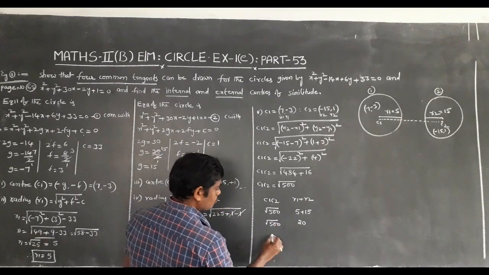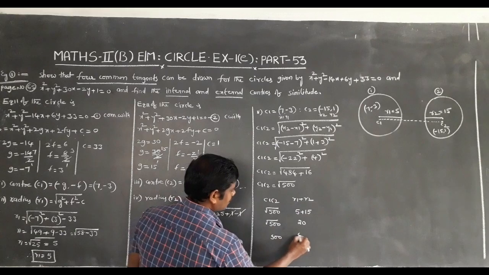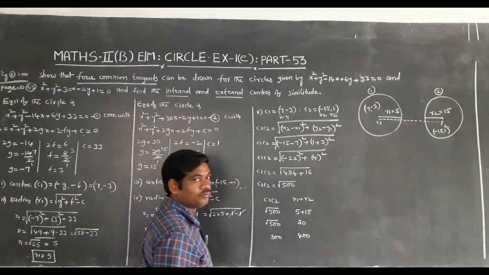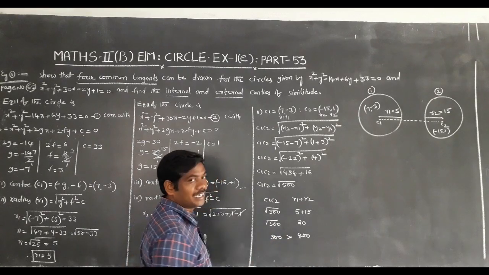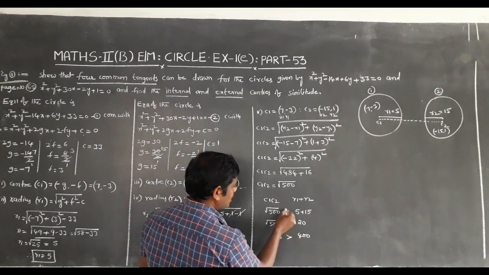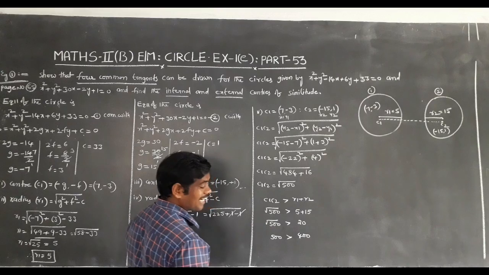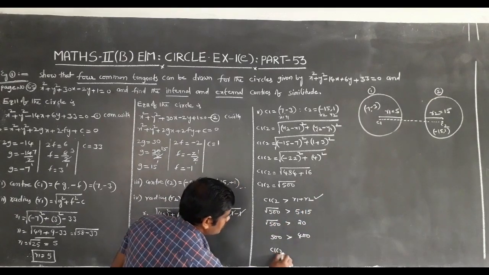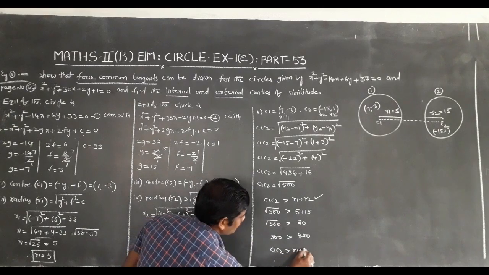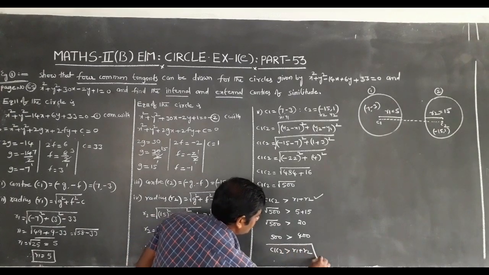Squaring on both sides, 500 and 20 whole square, 400. 500 is always greater than 400. So here C1C2 is greater than R1 plus R2.